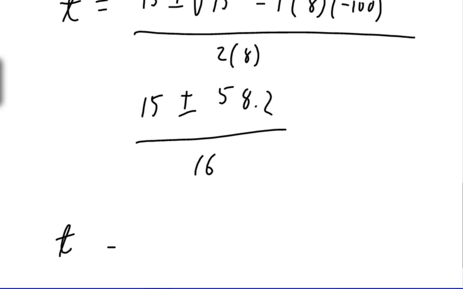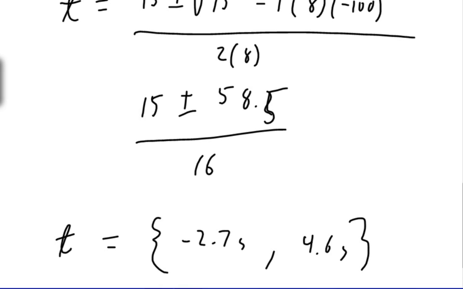So t is equal to the solution set. So this is really 52.5. So we'll take the negative guy first. So at minus 2.7 seconds, and then we'll take the positive guy, 4.6 seconds.